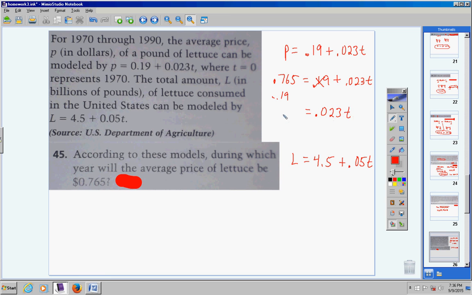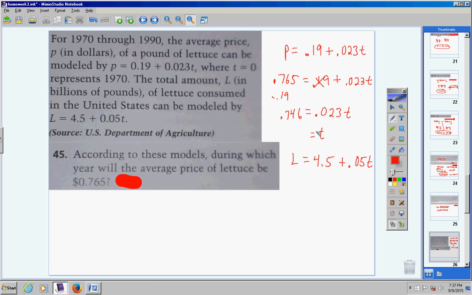On the left side over here, we would have what? 46.746, I believe. Now, with my calculator, I'm running out of room here, but you can see we're going to divide both sides by 0.023, okay? So dividing both sides by 0.023 will leave me with T right here.